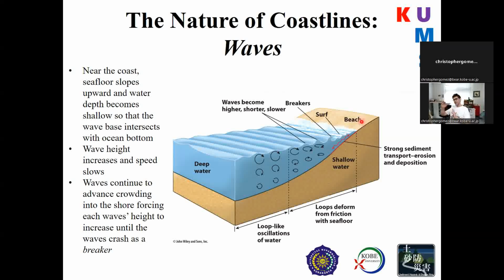The beach is divided again into a different set of components, but that's for another time. So near the coast, the seafloor slopes upward and water depth becomes shallow, so that the wave base intersects with the ocean bottom. The wave height increases and speed slows. Waves continue to advance, crowding into the shore, causing each wave's height to increase until the wave crashes as a breaker.